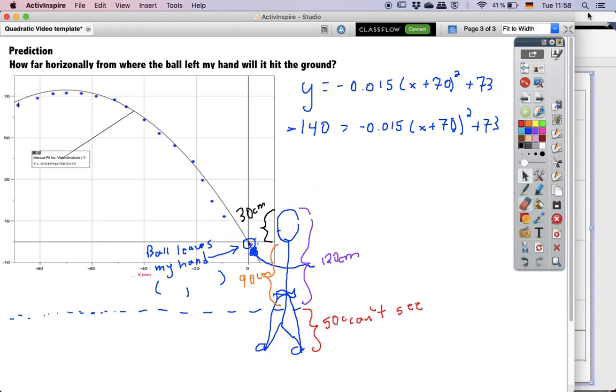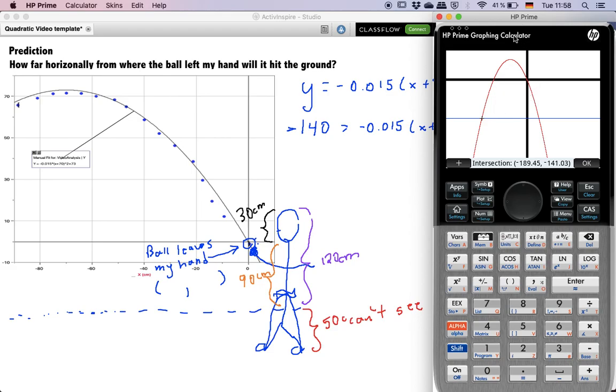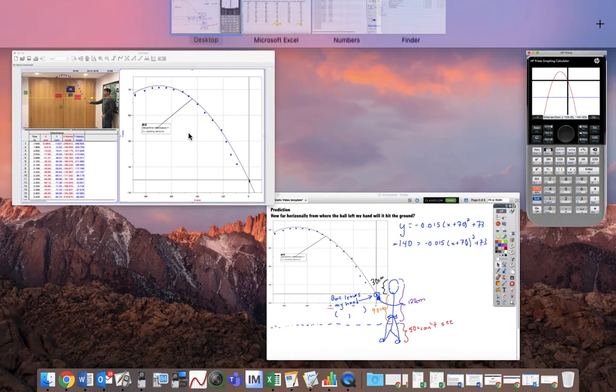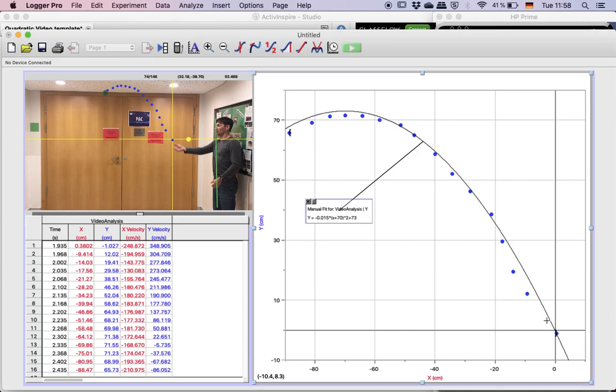Let's check. Nope, left a bit of a different point. So here we can see 0.3802 and negative 1.027. So that blue point, that first blue point, is where it left my hand here, which is not exactly where I placed my origin.